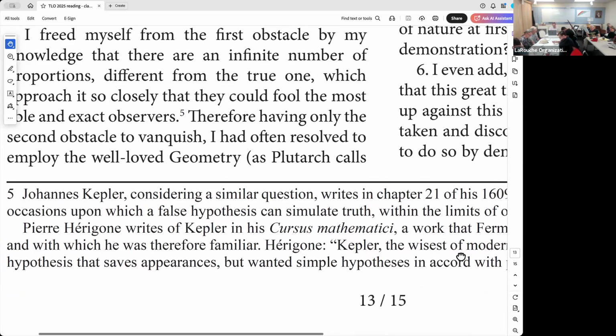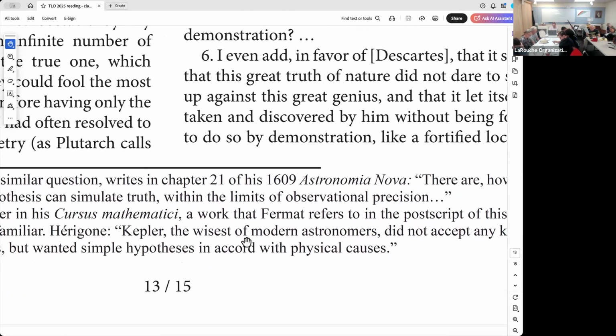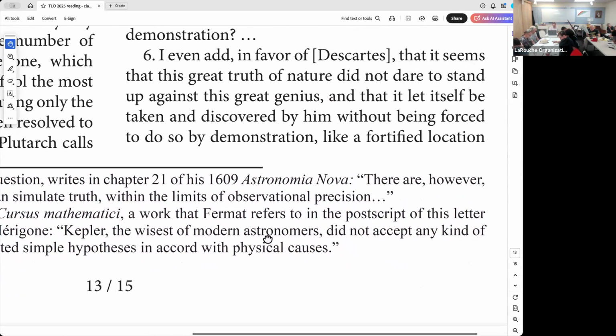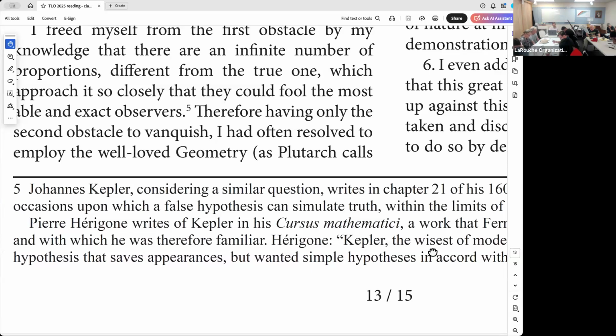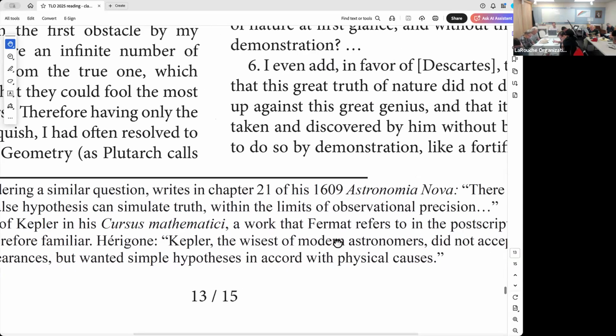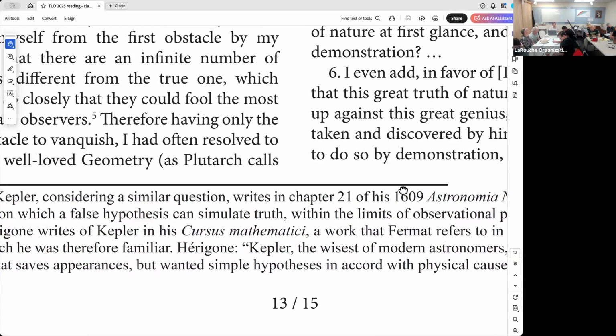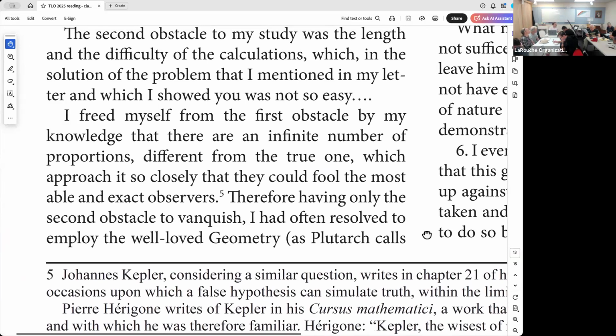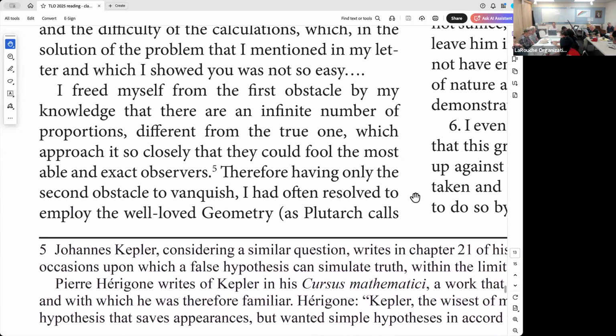Hérigone: Kepler, the wisest of modern astronomers, did not accept any kind of hypothesis that saves appearances, but wanted simple hypotheses in accord with physical cause. It was not a secret; it was a popular math textbook that also published Fermat's method, and that's what they had to say about Kepler there. So just the historical connection.